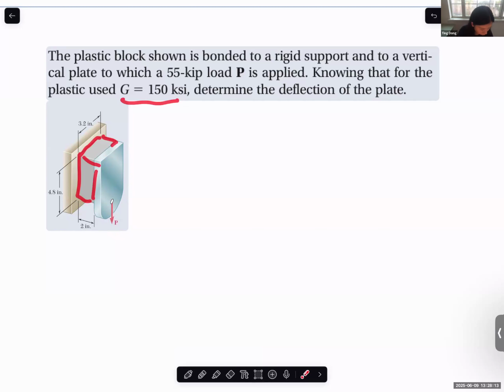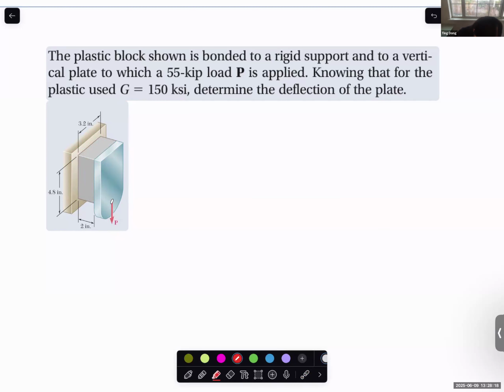So let's say for this, we know that there should be deformation generated on this rectangular shape on this area.